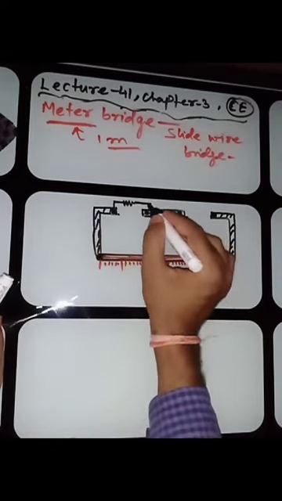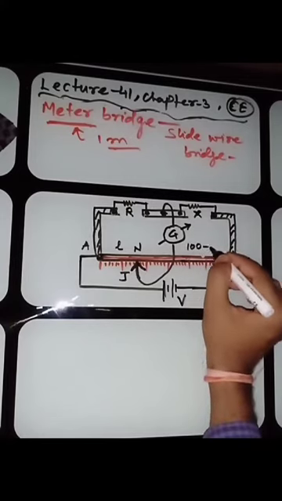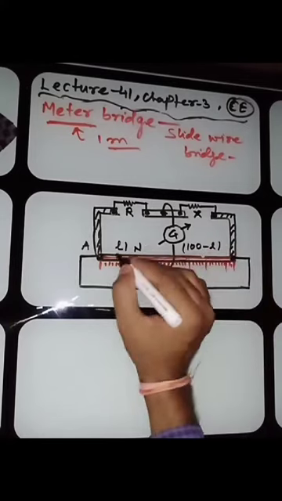It will be 100 minus L. Alright, this L is called the balance length, and this 100 minus L is called the rest length.